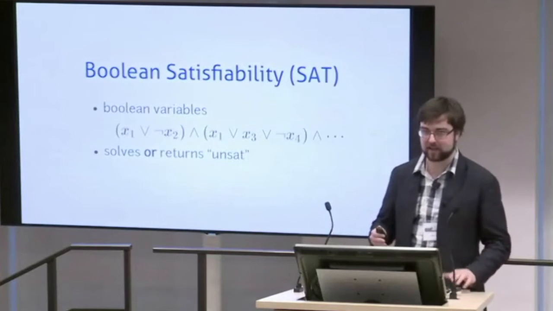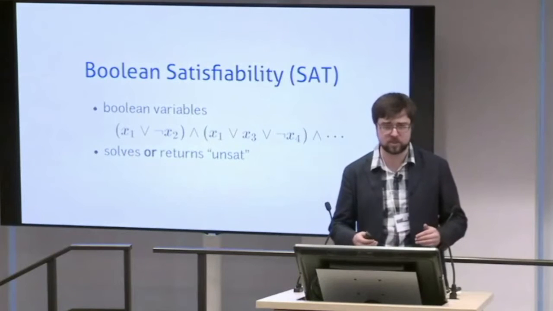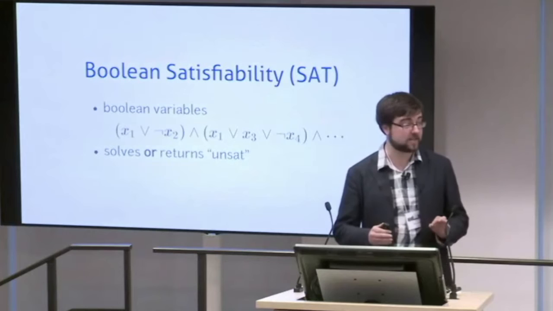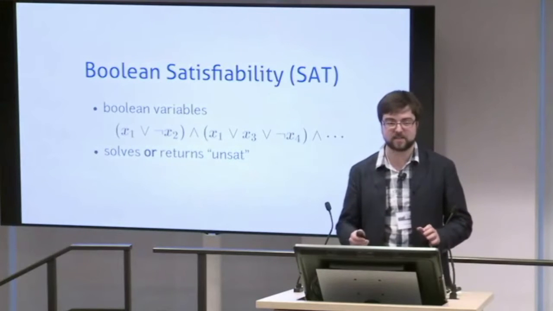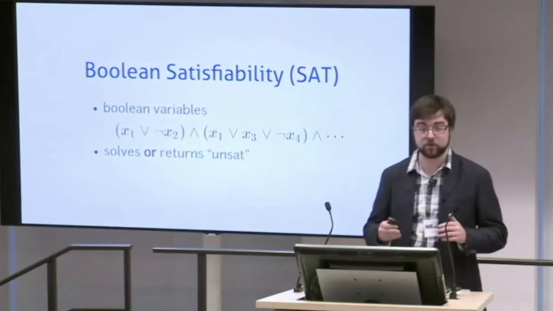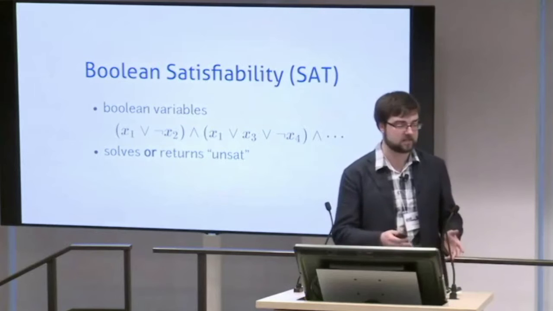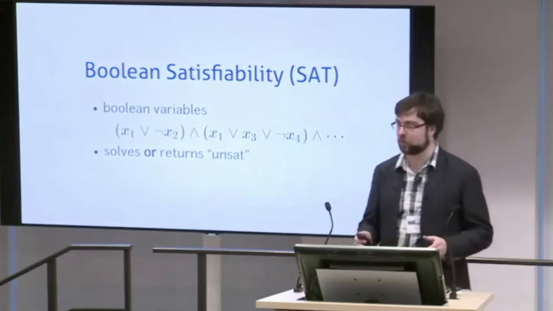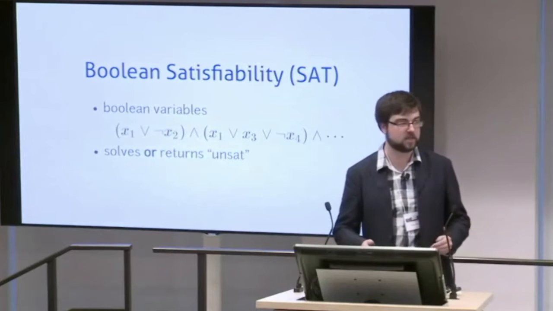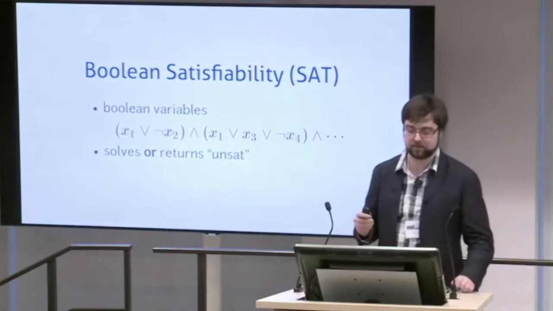But first, let's again review what an SMT solver is. So it all starts with the Boolean satisfiability problem, which is a classic NP-complete problem, which in practice we can solve surprisingly fast for real-world instances. So there are two things that make it interesting. One of which being that we have fast SAT solvers, and the other one is that it's actually relatively easy to encode problems in terms of SAT as opposed to other NP-complete problems.